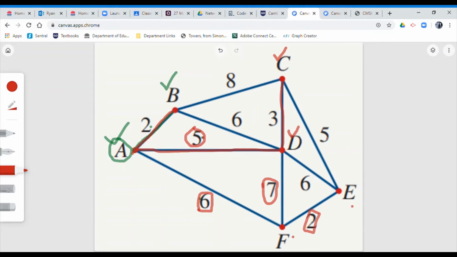We can also get to E really easily by C, which is only a value of 5. And when you look around, that's probably your lowest value. So I'm going to select to go from C to E by 5, which is way lower than going to E by D, which would be a value of 6. And then finally I'll connect E to F.